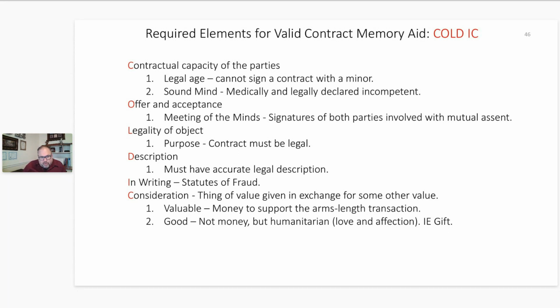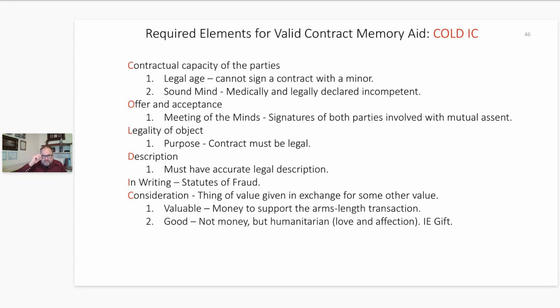It's got to be legal. The purpose has to be a legal one. The real estate contract has to have an accurate legal description, not a mailing address, although it'll be on there. But for it to be a valid contract, you have to have a surveyed legal description. Okay. It's got to be in writing, according to the statute of frauds.